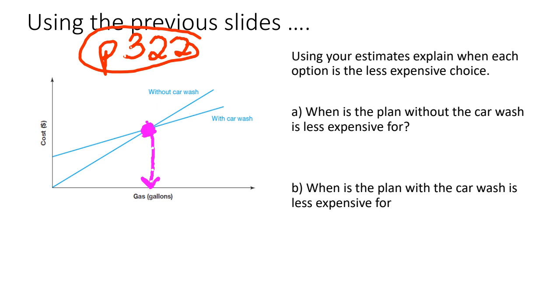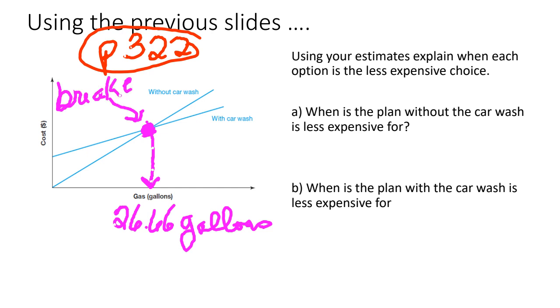This was 26.66 gallons. And remember, this is called the break-even point. When you look at your choices here, they're either going to give you the numbers 26.66 or 26 2/3 gallons, or they're going to use the word break-even point.